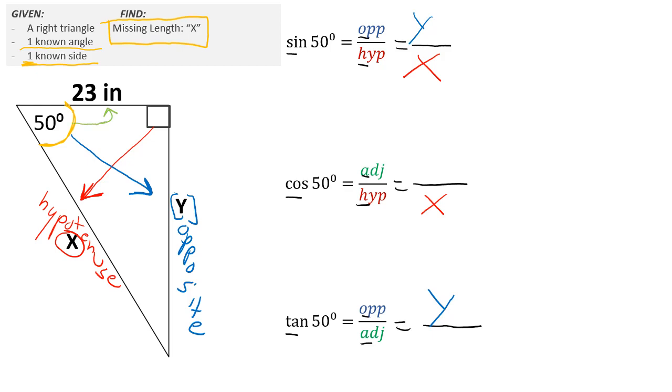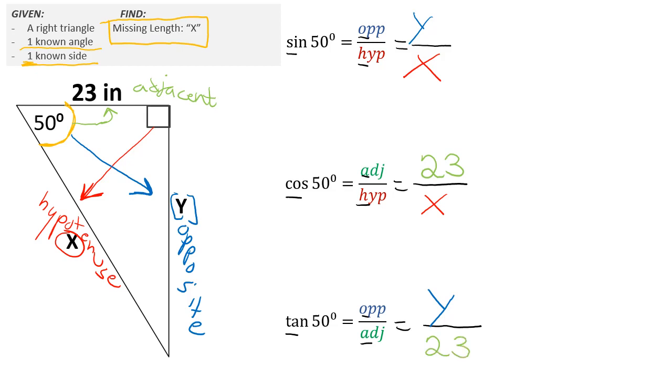So 23 is the adjacent. Remember that 50 also has the next door neighbor of that, but it's not the hypotenuse, because we already labeled that as the hypotenuse. So the next door neighbor is 23, so I'm just going to write in 23 right there.